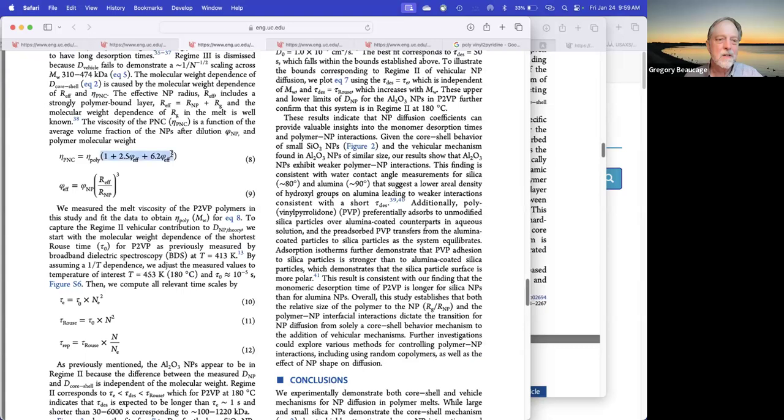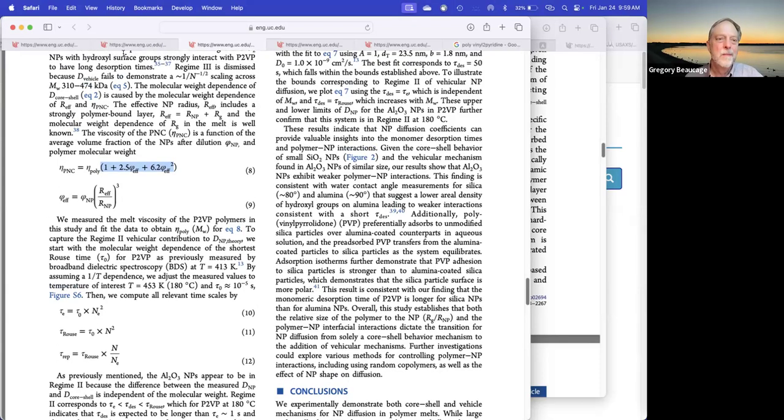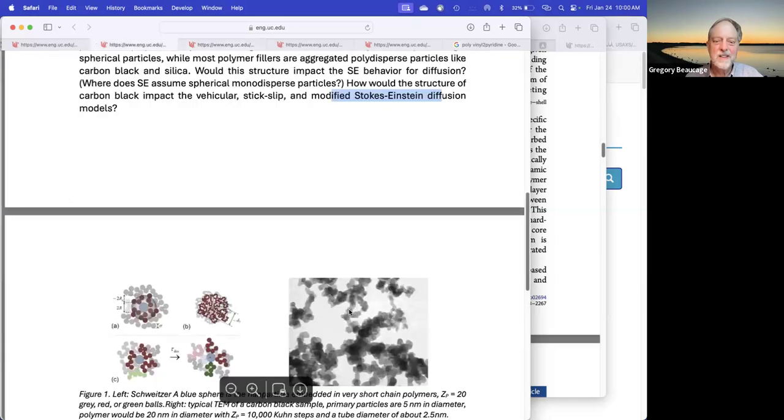This is the Guth-Gold equation. They were people who worked for Michelin or something, tire company people who invented this equation. They don't even cite the origin of it, but there's a series of people who came up with this equation, and there are other modifications too. That equation is used in this industry.